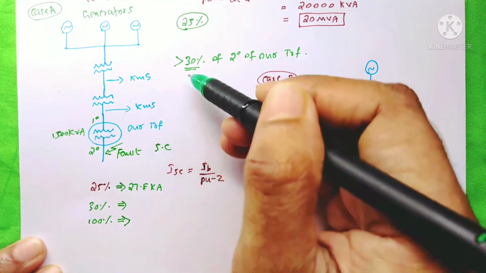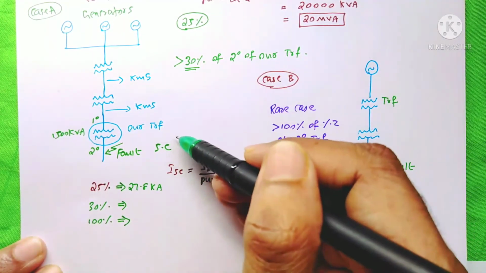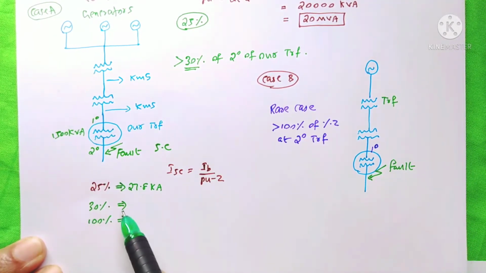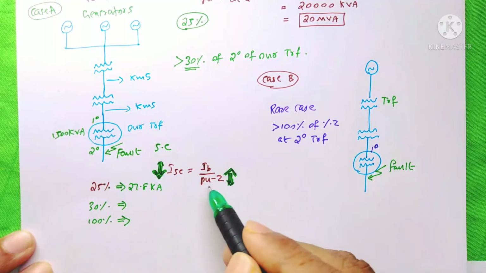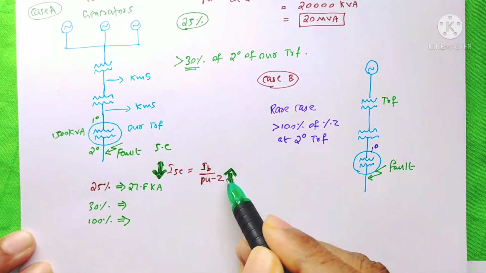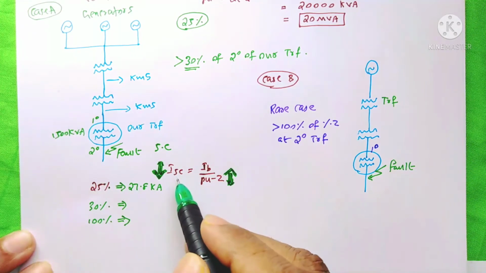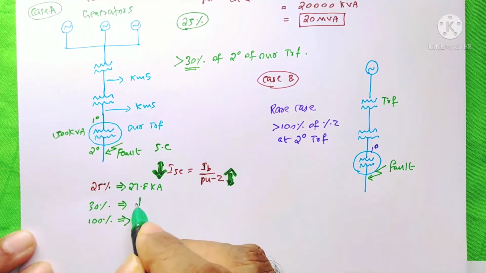Suppose our system is actually this one, then the per unit impedance is 30% or more than 30%. That means the per unit impedance is increased. Due to that, the short circuit current will be lesser.